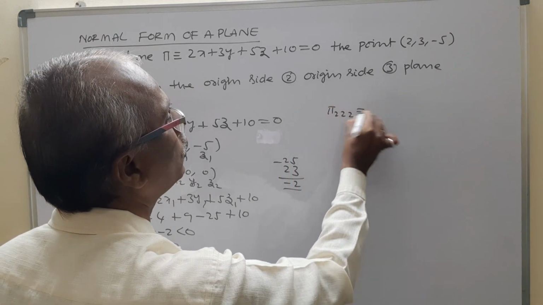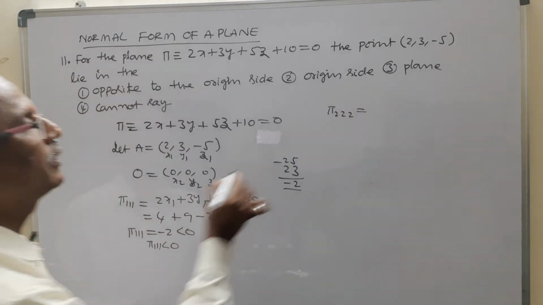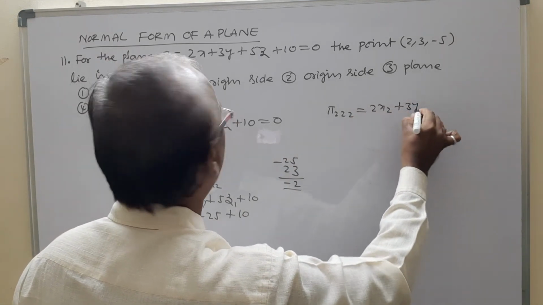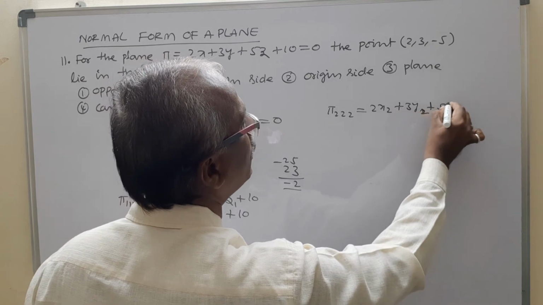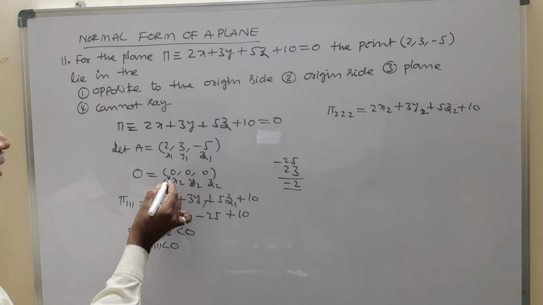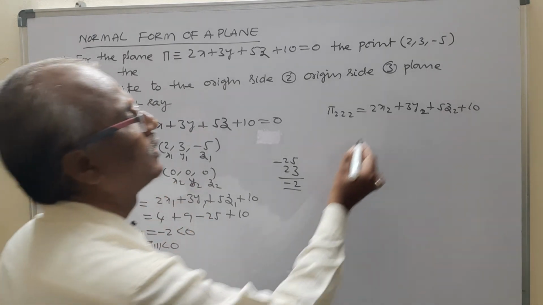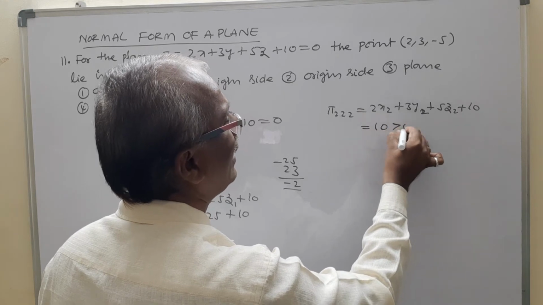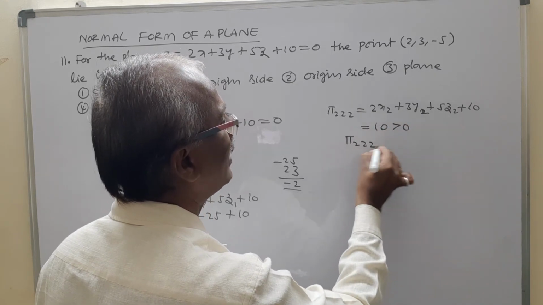Next, to find pi triple 2, apply the origin point: 2x2 plus 3y2 plus 5z2 plus 10. Here the origin is (0, 0, 0). The entire term equal to 0, so this is equal to 10, which is greater than 0. Pi triple 2 is greater than 0.